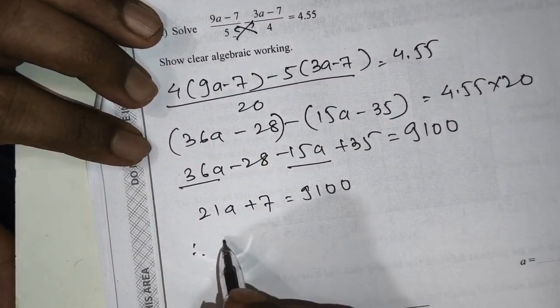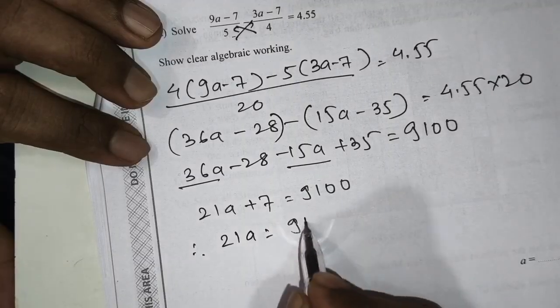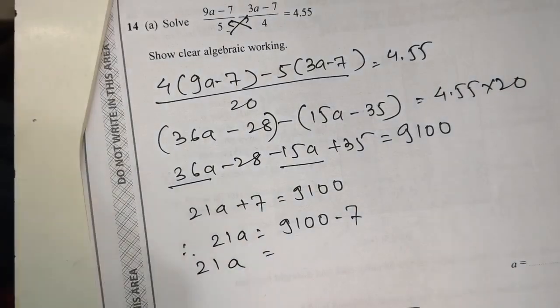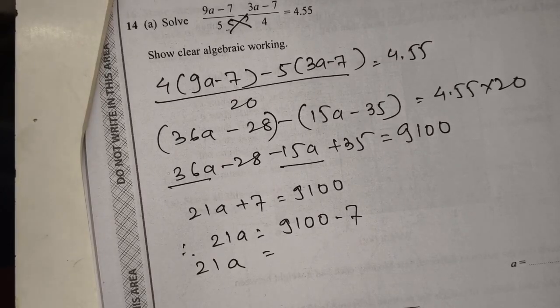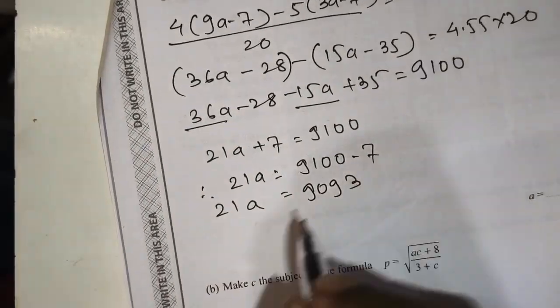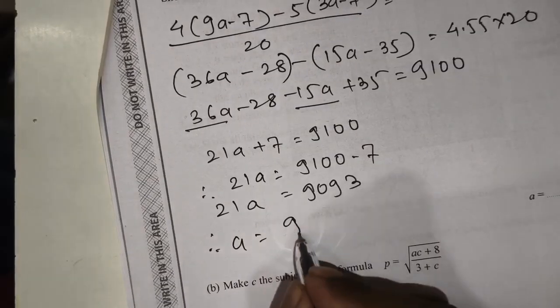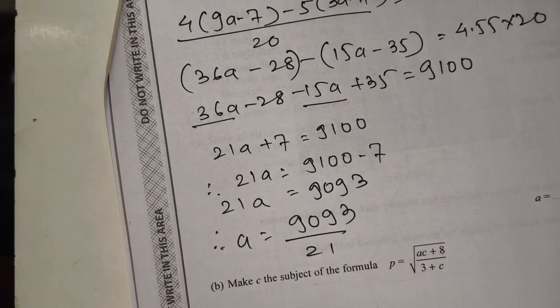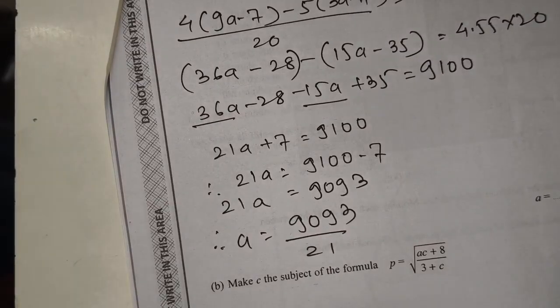Hence 21a equals 9100 minus 7, hence which is 9093. Hence a equals 9093 upon 21, which is 433.